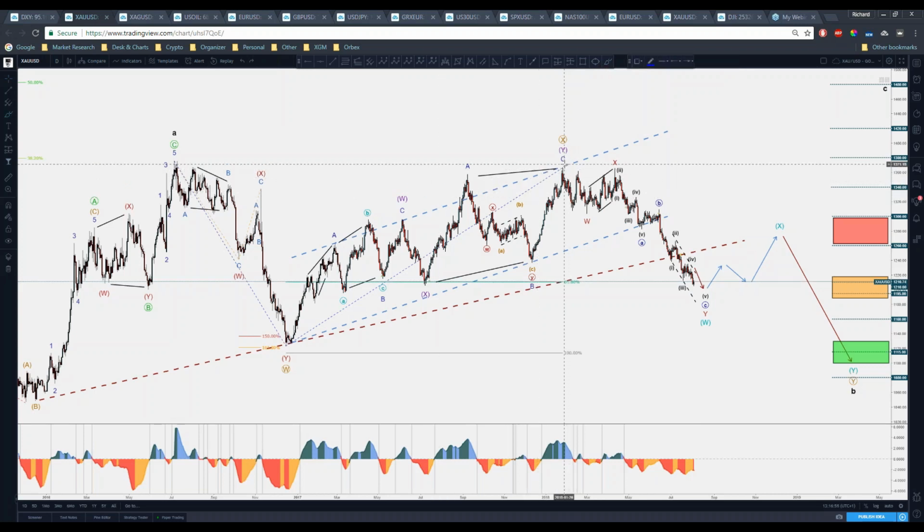So since February, when the volatility actually spiked, we basically have the wave WX, how I'm labeling it.